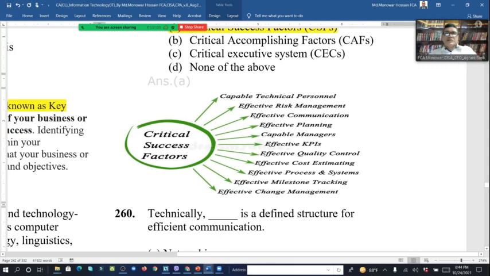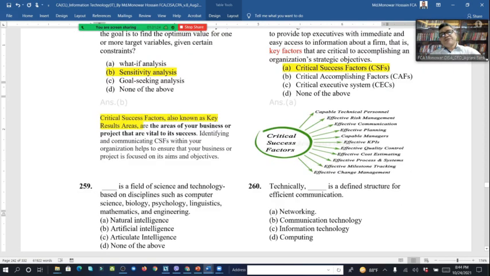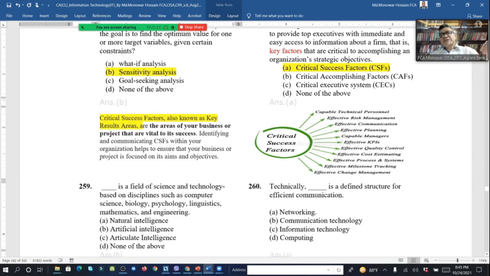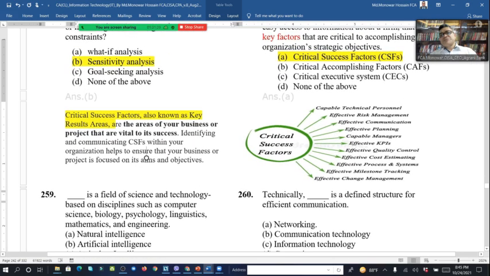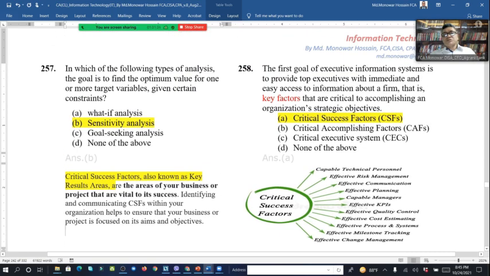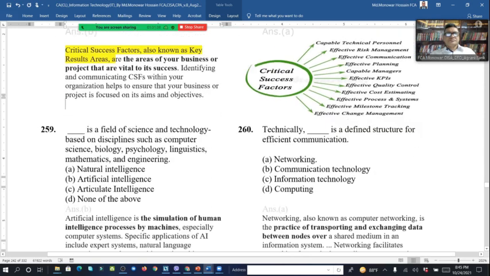Within these: capable technical personnel within the organization, effective risk management, effective communication, effective planning, capability to manage effective KPIs, key performance indicators, effective quality control, effective cost establishment, effective process and system, effective milestone tracking, and effective change management. So these are the critical success factors.